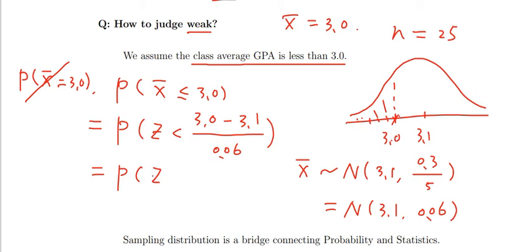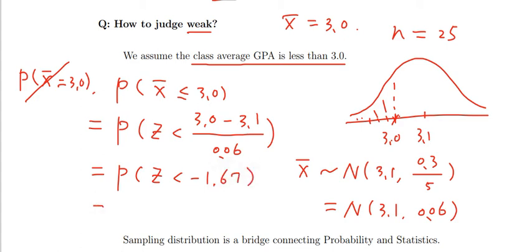A little bit of calculation: 3.0 minus 3.1 divided by 0.06 equals negative 1.67, right?